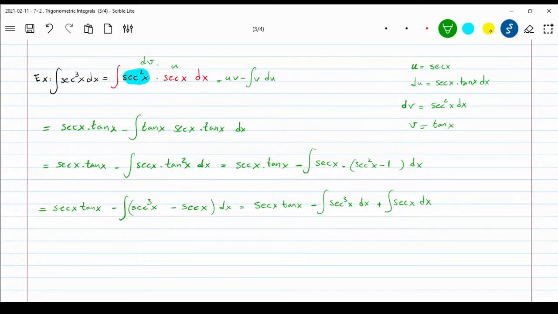Okay, here is one thing that you should be aware of. Where did we start? We started with the integral of secant cubed x dx. And where did we end up? We end up with more complicated terms, and here again we have that term secant cubed x dx. So you may think we didn't make any progress.